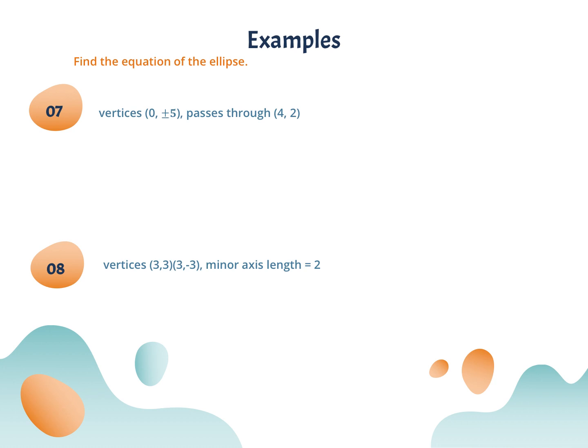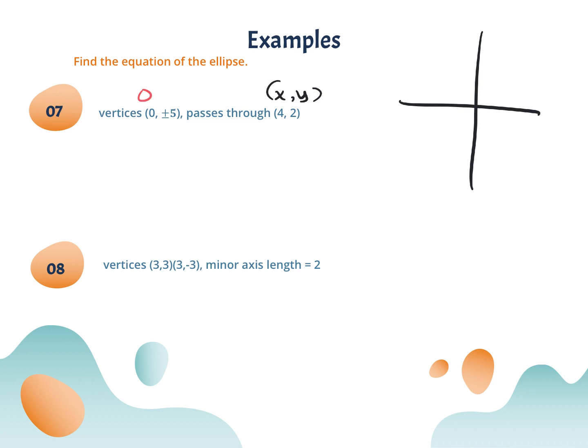So this time my vertices are at 0, comma plus or minus 5, and it's passing through the ordered pair 4, comma 2. So this is just going to be an ordered pair, our x and our y. This one's going to involve a little bit more work. So again, if you want to give yourself a visual, we can graph these vertices.